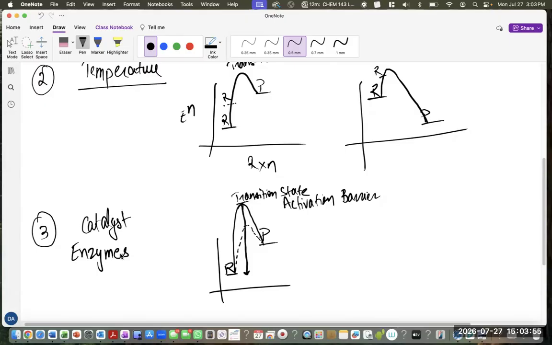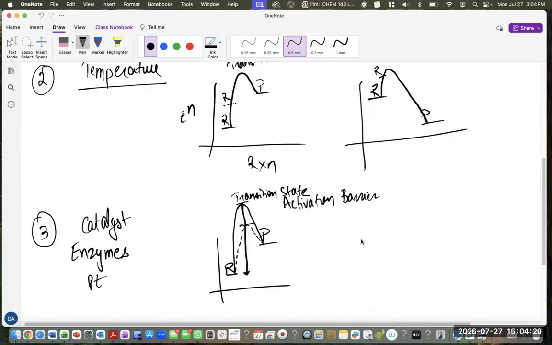So enzymes are an example. Some metals like platinum could be an example of a catalyst, which will again just lower the activation barrier by stabilizing the transition state, and that enables the reaction to go faster because with that smaller barrier, the reactants can now more easily cross the barrier they were earlier facing. So that's how catalysts work.